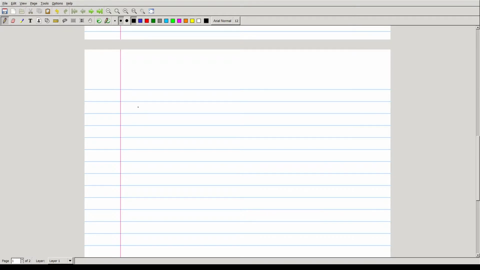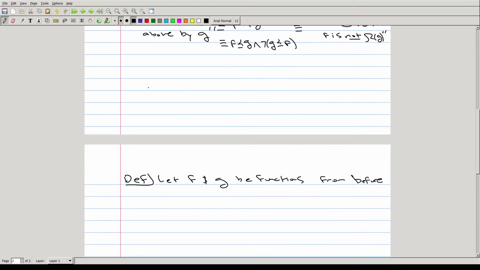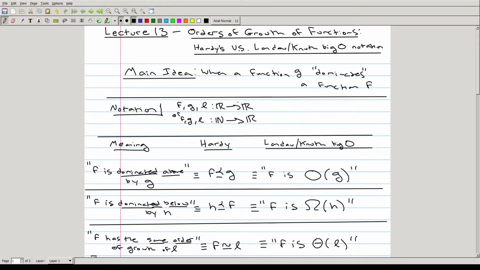And let's go through and define exactly what we mean. So let f and g be functions from before. So either from the real numbers into the real numbers, or the integers, or the natural numbers into the real numbers.